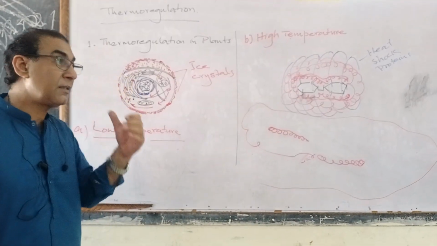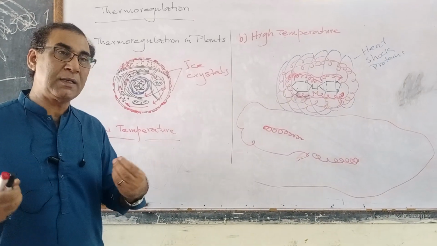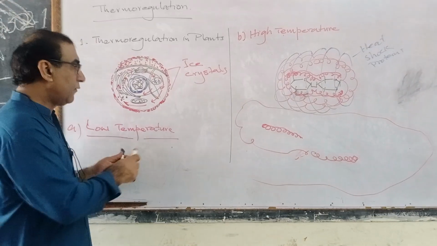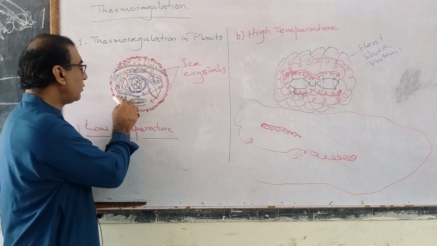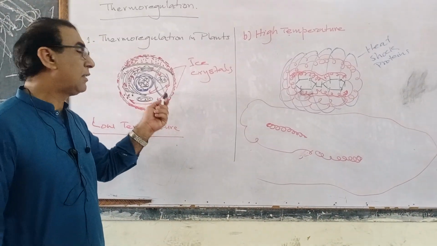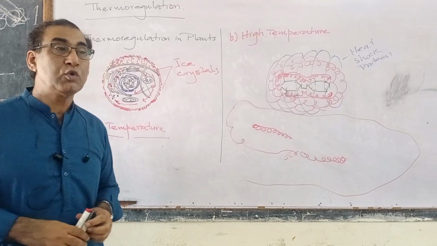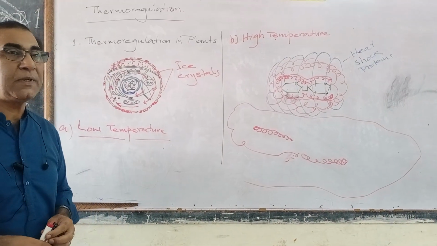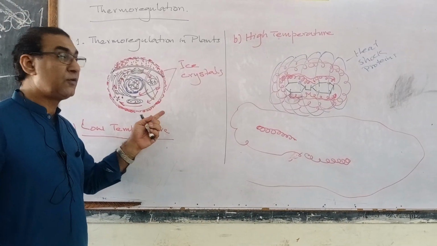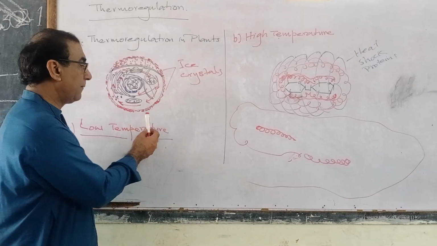For this, they undergo an arrangement: they increase the amount of unsaturated fatty acids in their plasma membrane. You know, the plasma membrane is formed of two major constituents, the lipids and the proteins. Okay, if you have studied the fluid mosaic model, you might remember that.